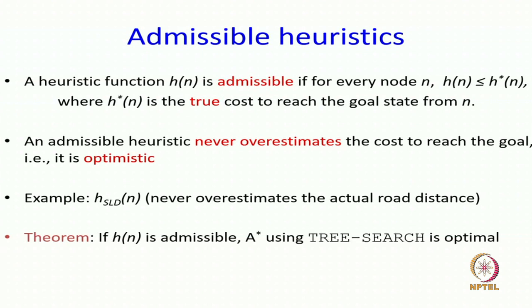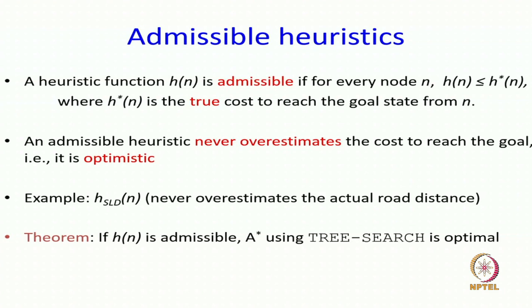So, any day if somebody asks you, is an admissible heuristic function always less than the optimal, say no. An admissible heuristic is not always less than optimal; it is less than or equal to optimal for minimization problems, but it is greater than or equal to optimal for maximization problems. Everybody with me so far?